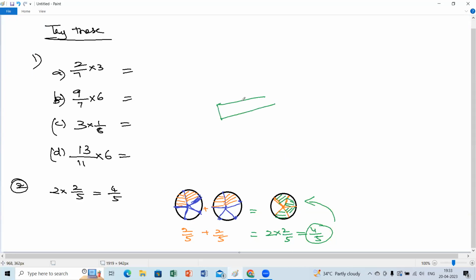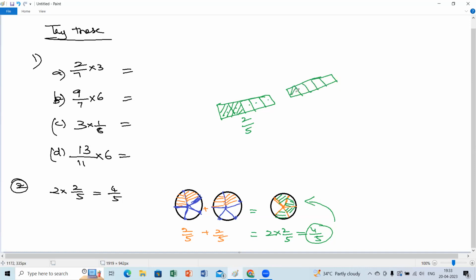You can take any shape you are comfortable with. 1, 2, 3, 4, 5. Out of these, 2/5. Same way, if you take another shape as 2/5, as you wish you can do it.